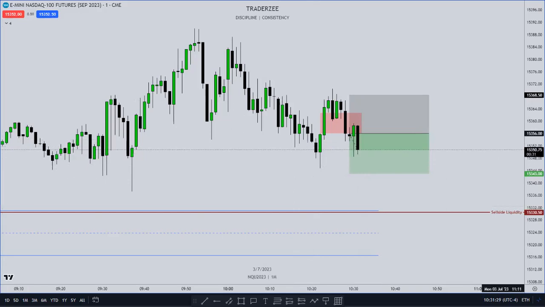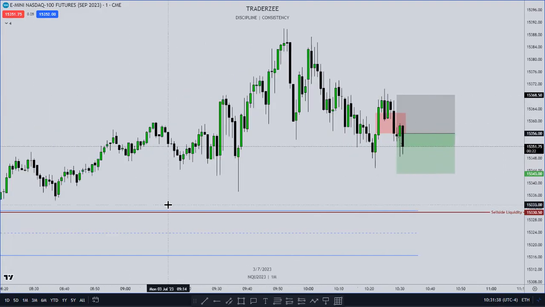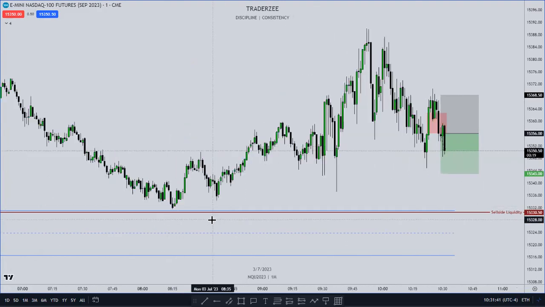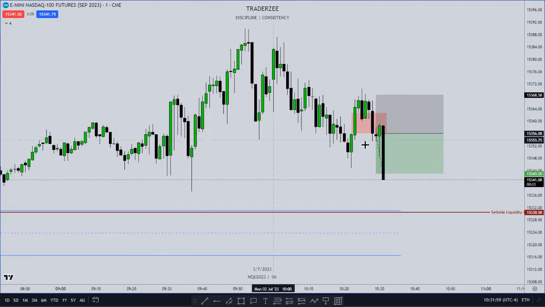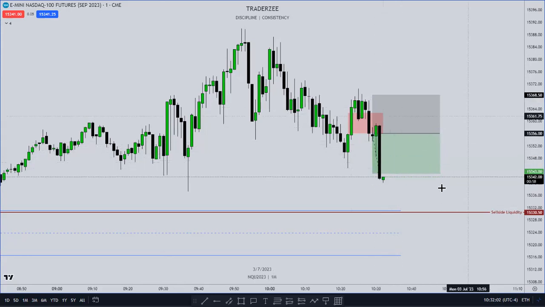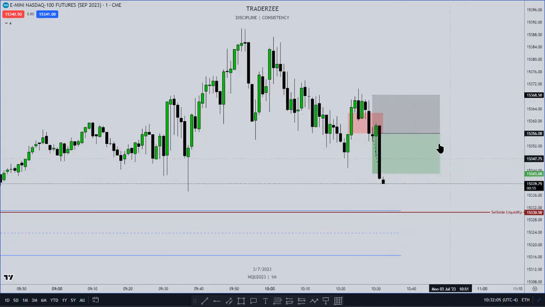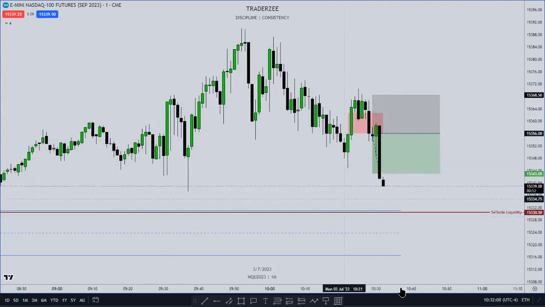Not a good trade for me. Even though I do think that we're going here. Now if we would have taken that trade, it would have delivered us 5 handles worth of profit. But no, shoot it, do whatever you want. I'm not taking it.